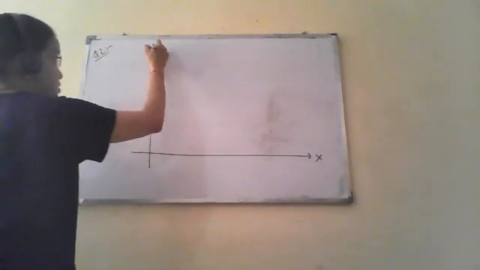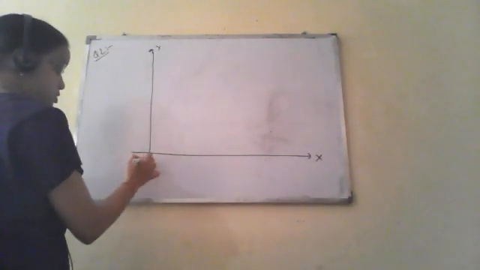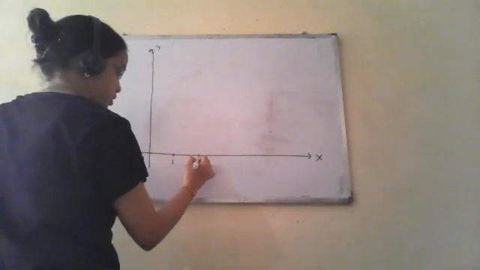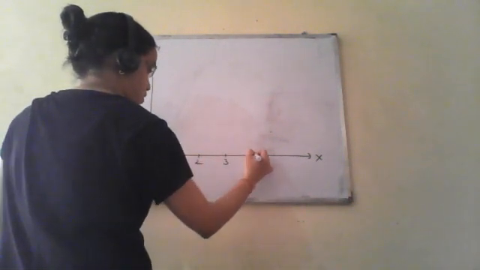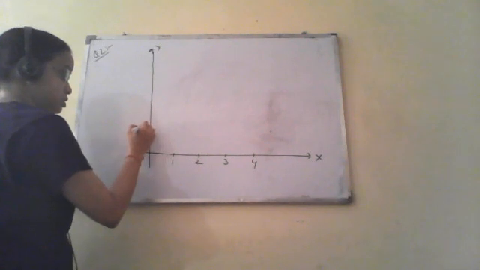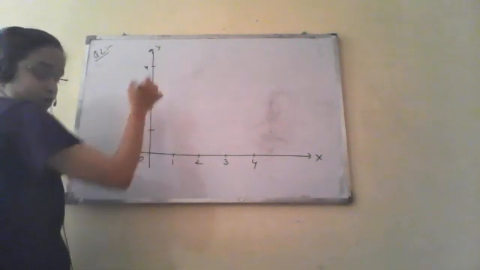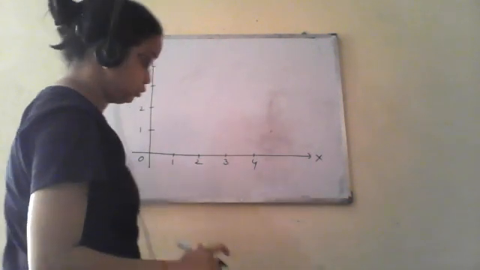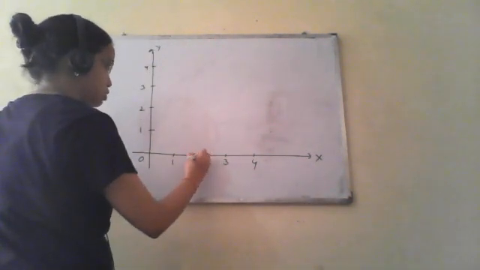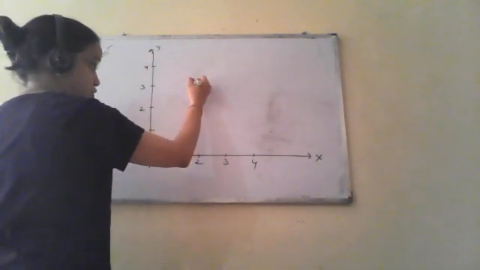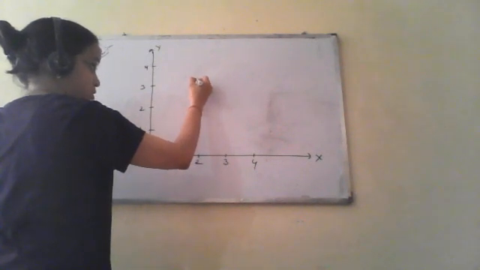Your x axis, your y axis, this is 0, this is 1, 2, 3, 4. Again this is 1, this is 2, this is 3 and this is 4. So first we have to plot point (2, 3). That means x is 2 and y is 3. This point will lie somewhere near here.